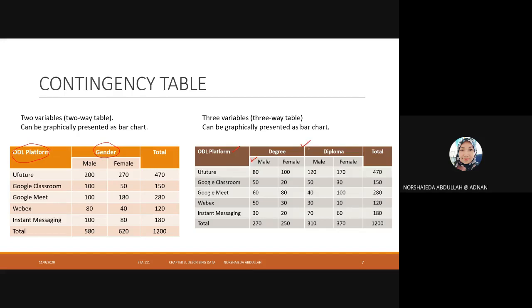We classify lagi the students. We divide them into degree and diploma students. Okay, so ada three variables here: the level of study, degree or diploma, the gender, and the platform that they prefer. So this will be the three-variable contingency table, ataupun three-way table.